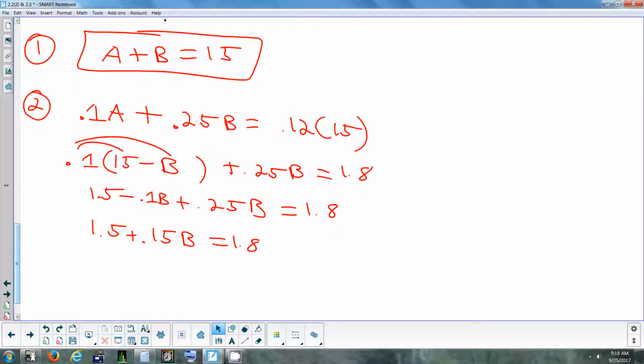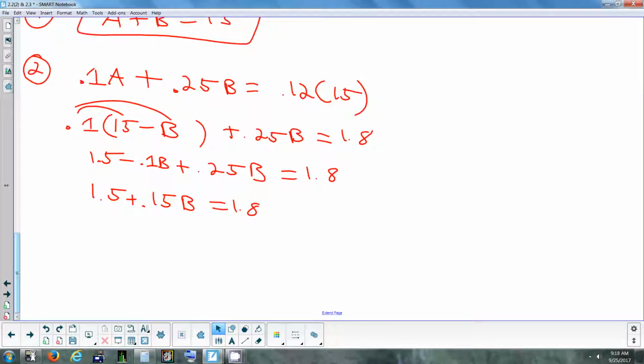Okay, and Rebecca, what would I do next? Subtract 1.5 from the 1.8. And what would that give me? 0.3. And my last step, divide each side by 0.15. So how many liters of solution B will I use?